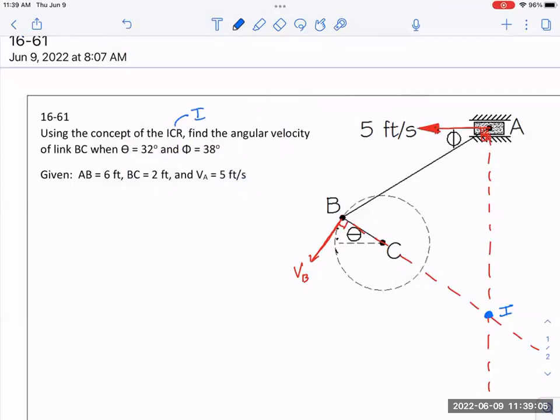At that instant right there, that imaginary center that has nothing to do with this picture, it's nowhere in the machinery.